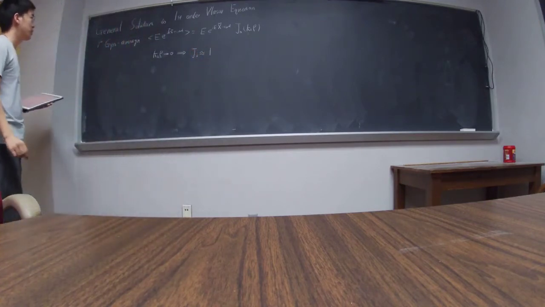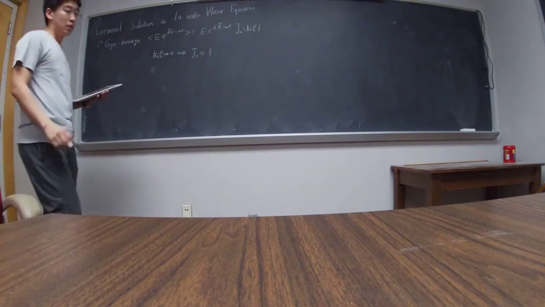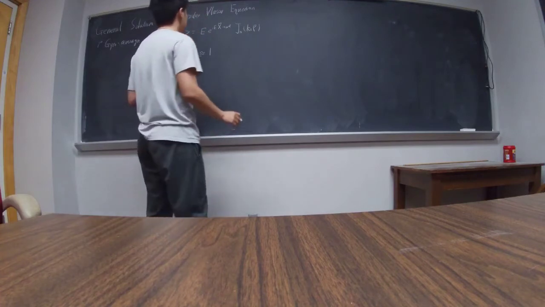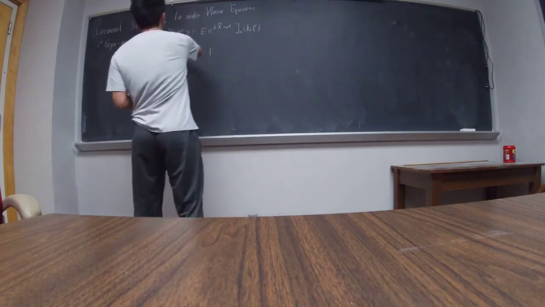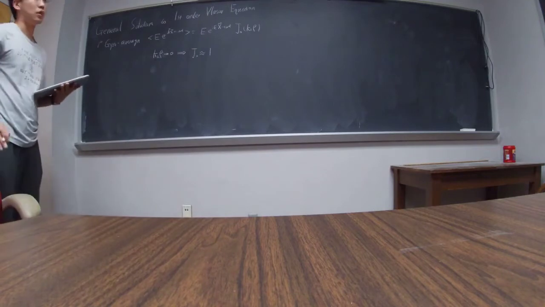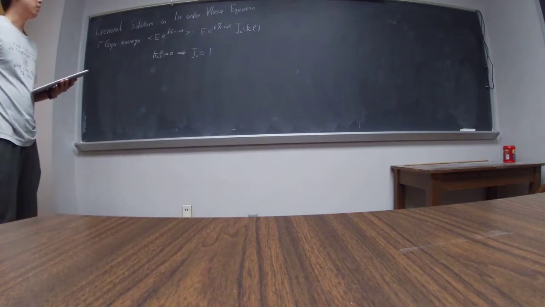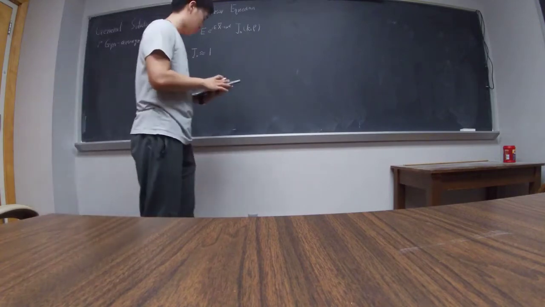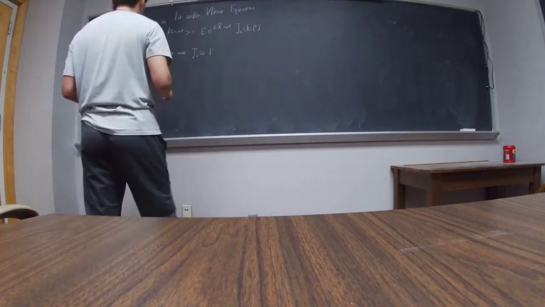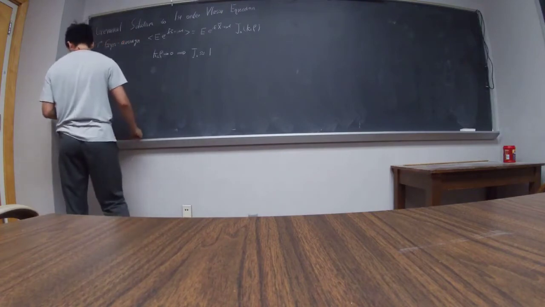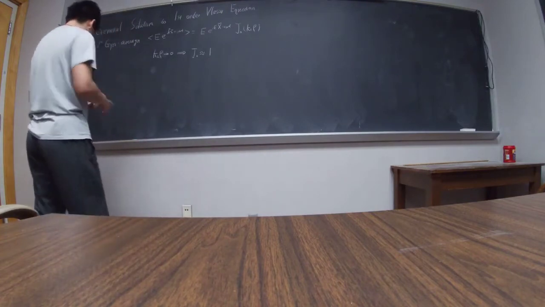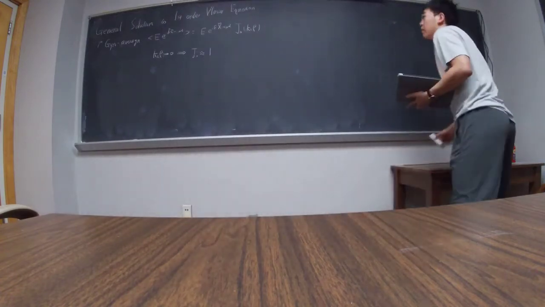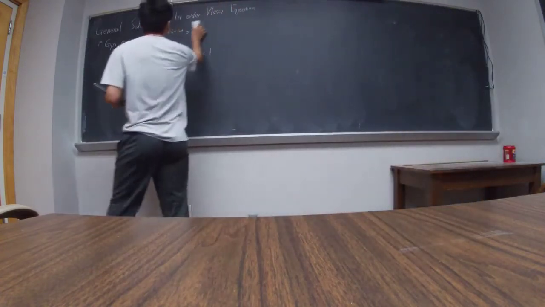So we don't need to worry too much about gyro averaging, as you can see, it's relatively simple. Whichever quantity is proportional to e to the i k x minus i omega t, we will just stick a J naught in it. J naught is the Bessel function of the first kind. So that's the first thing.